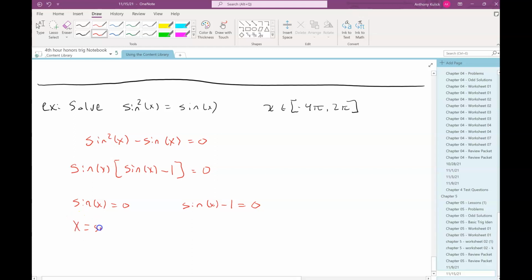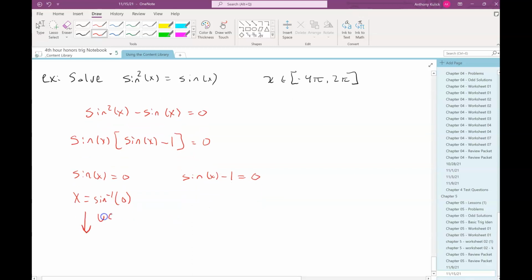Okay. We'll do the sine inverse to both sides. So again, going to the unit circle where the y-coordinate is 0. That happens at 0 and at pi.